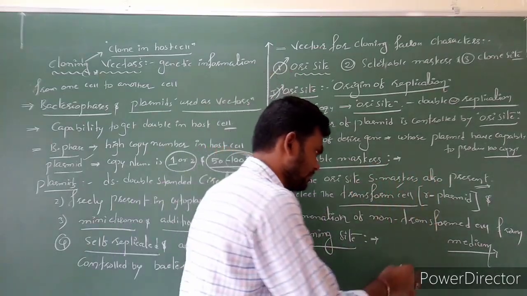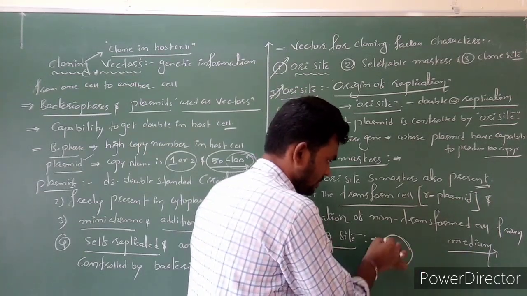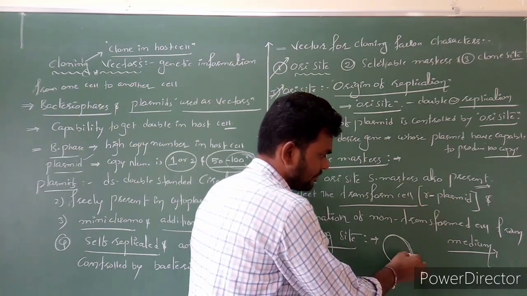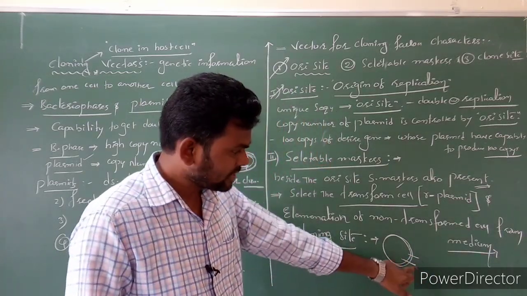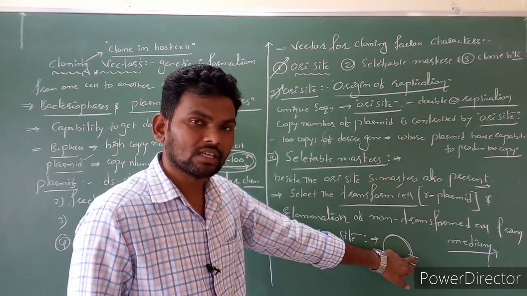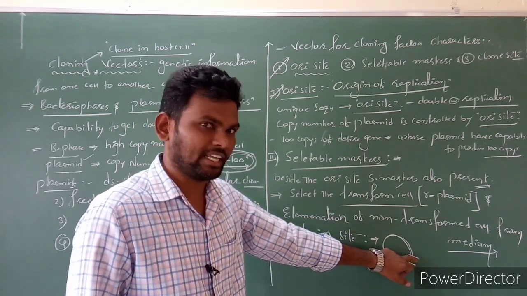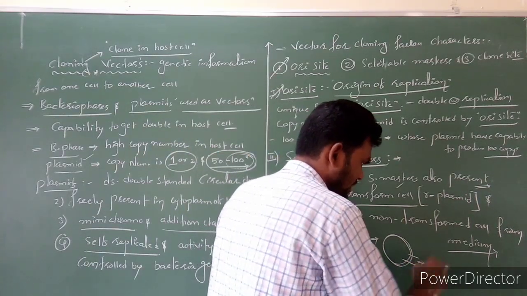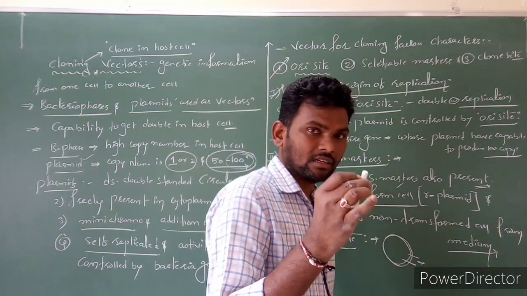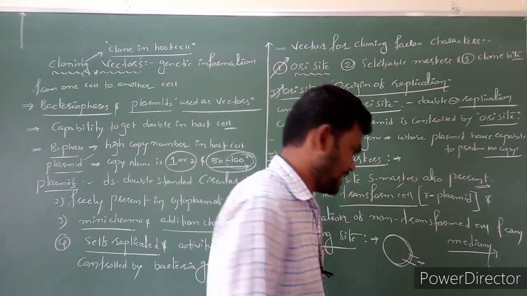Simple. For example, this is a plasmid. In this plasmid, this is a cloning site. It means in this location we paste the donor DNA, or nothing but the desired DNA. This location is a specific location that is recognized by REN.